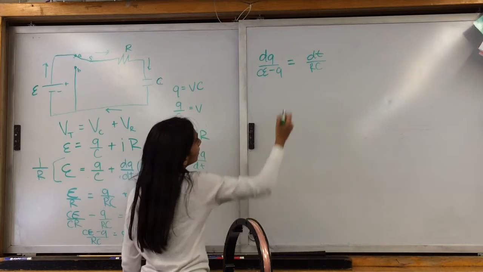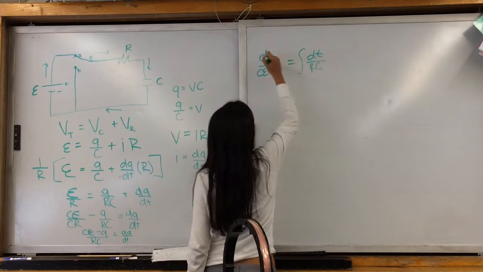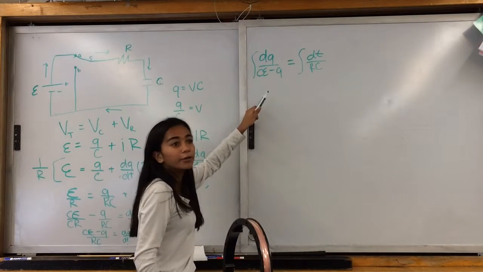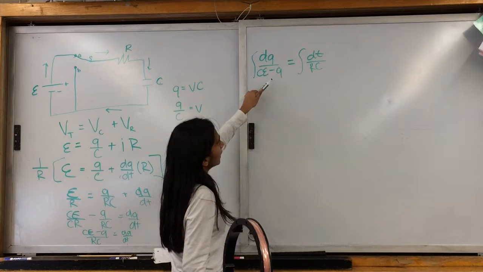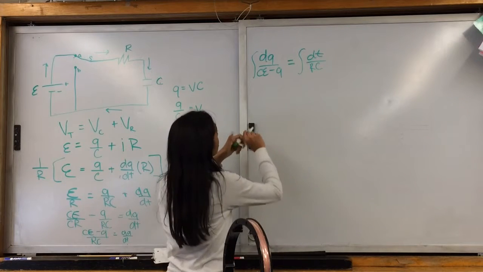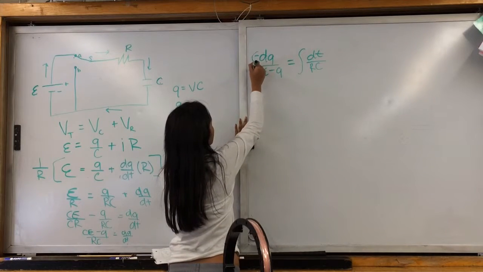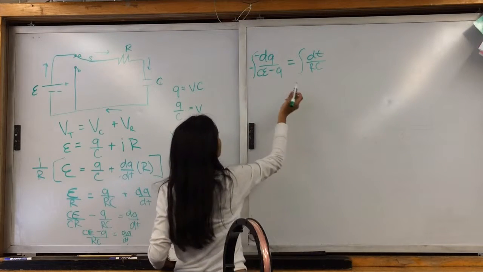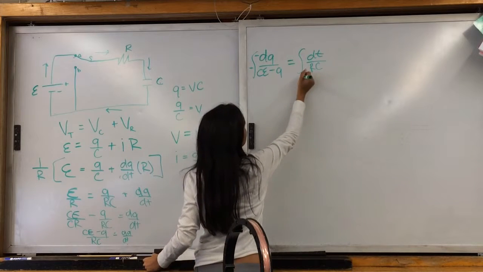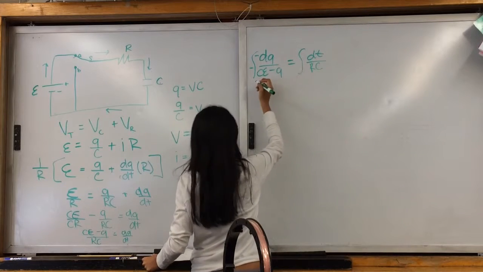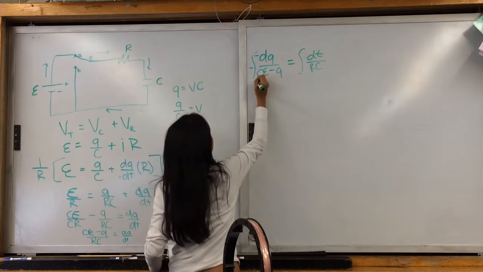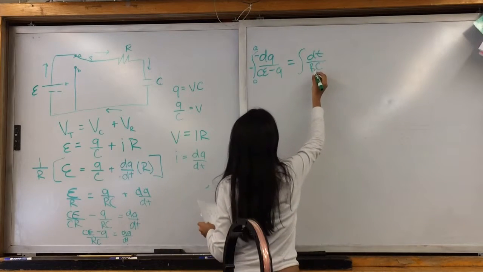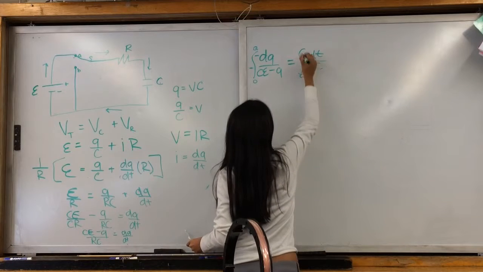So we're going to integrate this, and so this is a du over u, and the derivative of negative q is negative dq, so we put a negative sign here and a negative outside. And also the bounds: for the left side, we want it from 0 to some q, and we want the right side from 0 to some t.